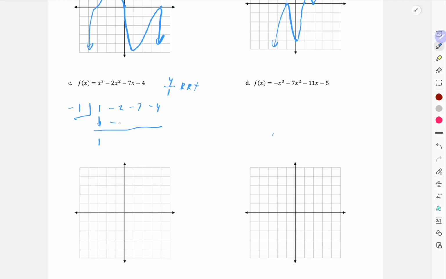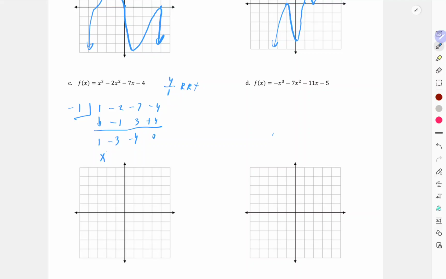Let's start from the top. -1, -3, positive 3, 4, 5, 6, 7, 4. There we go. And now that is positive 4, and that becomes 0.